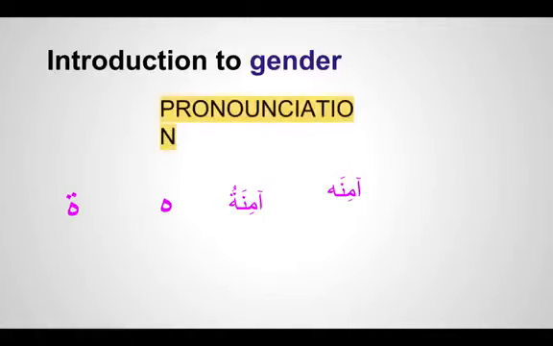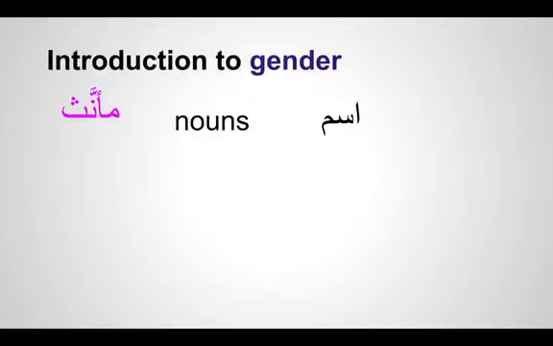That is how it is pronounced. Pronunciation is slightly different. Fatimatu. If you want to end at the ta, we will say Fatimah, like a sound of ha. So we learned that a way to make a noun feminine is by putting a ta marbuta.